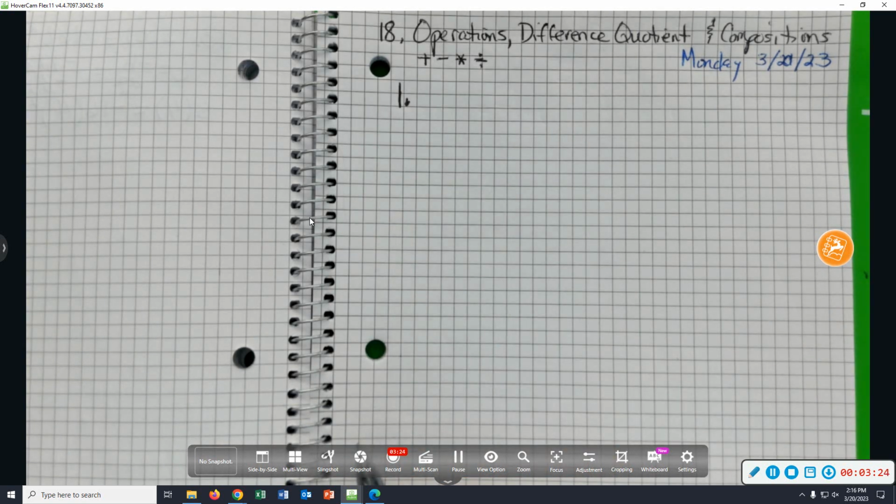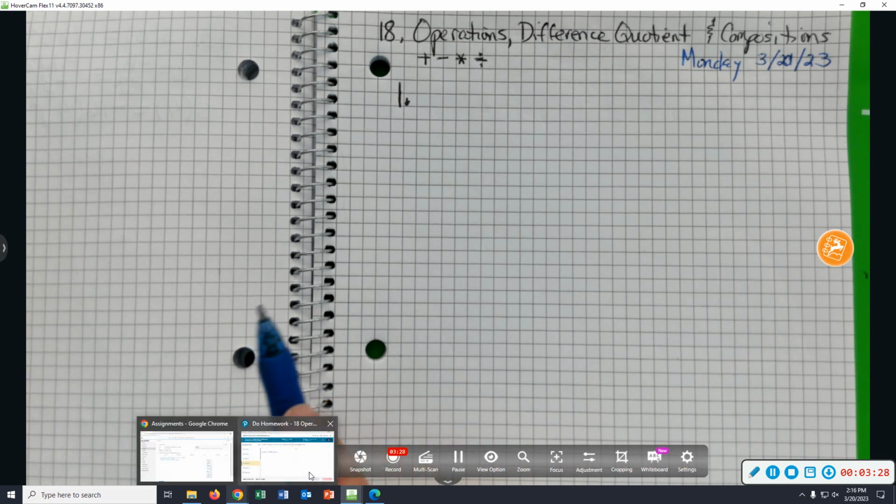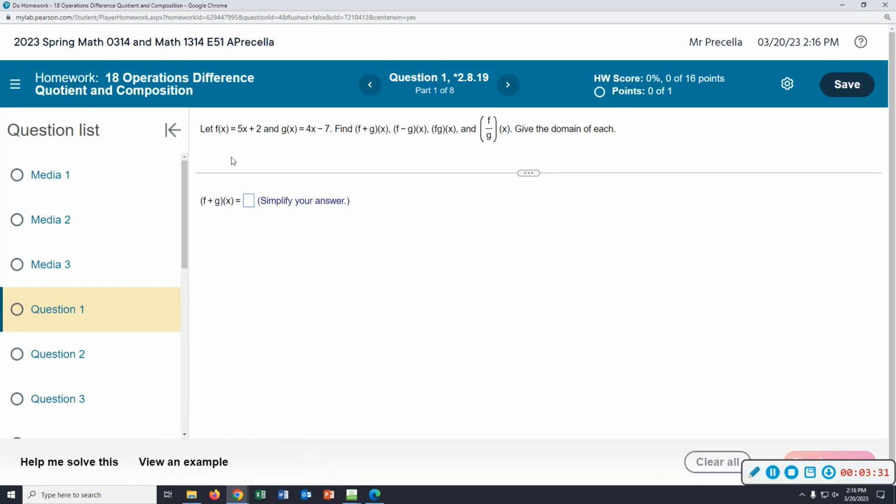Let's start off with problem number 1. We don't need to tell them anything before we get going. Let me write it down. f of x is 5x plus 2? Yes. And g of x is what? 4x minus 7.